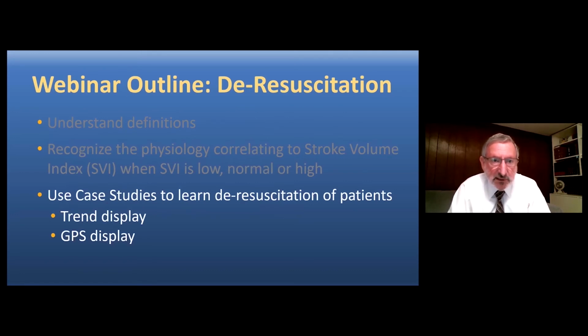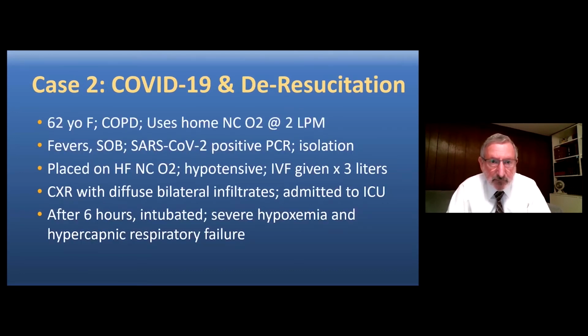This COVID-19 62-year-old female was already on home O2 due to COPD, noted the fevers, the shortness of breath, was SARS-CoV-2 positive by PCR, and was put in isolation in the emergency room and expected to do well without the ICU at first with just a high flow, HF, high flow nasal cannula O2, but the patient did develop more hypotension.